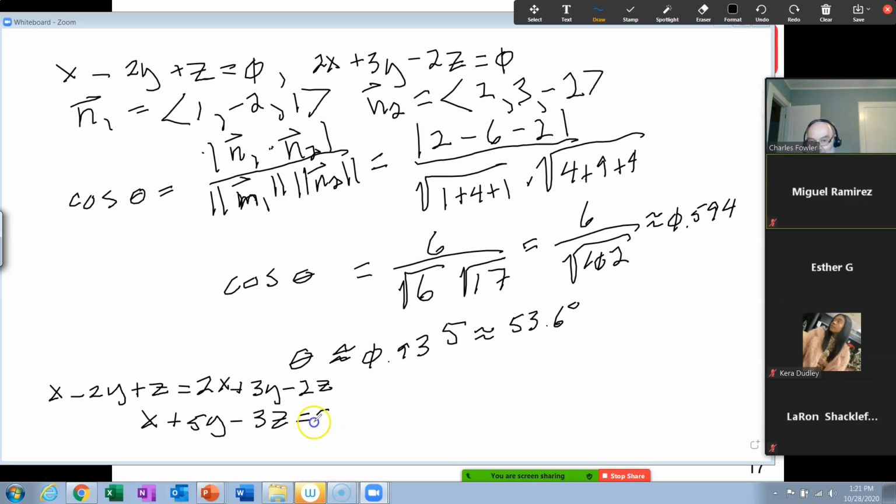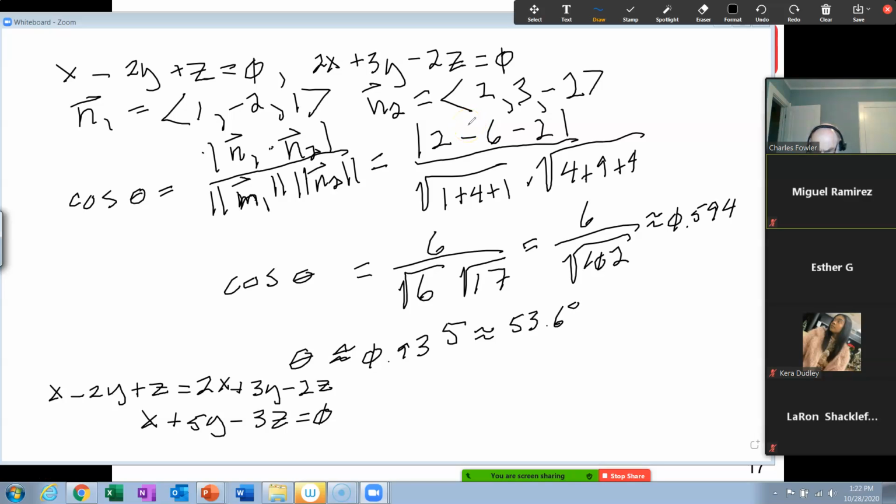That would equal 0. Of course, the line of intersection has to contain the origin, and that contains the origin. Now this gives you your direction numbers: 1, 5, -3. And then just use those.